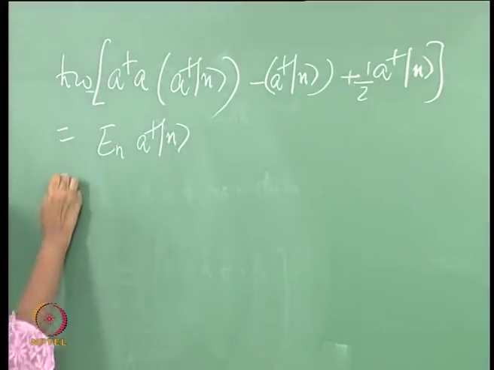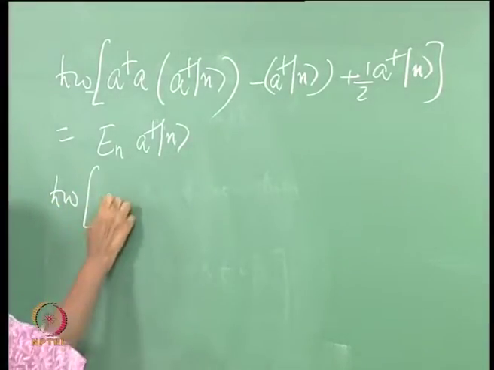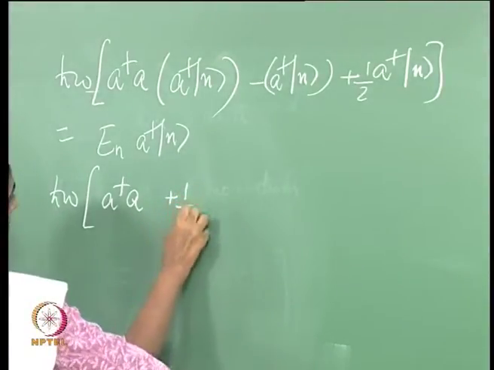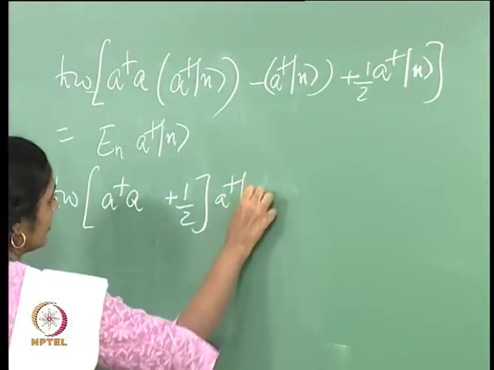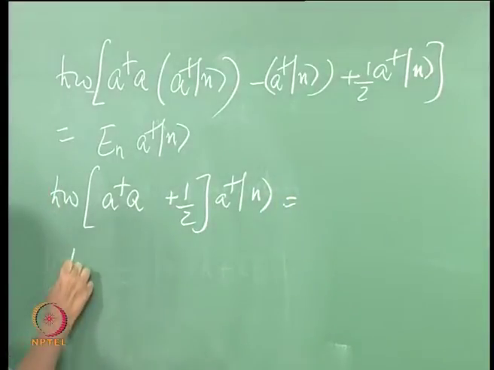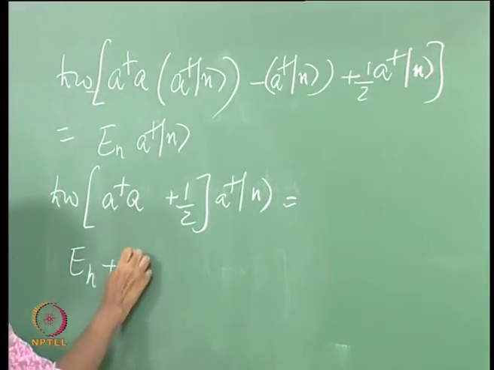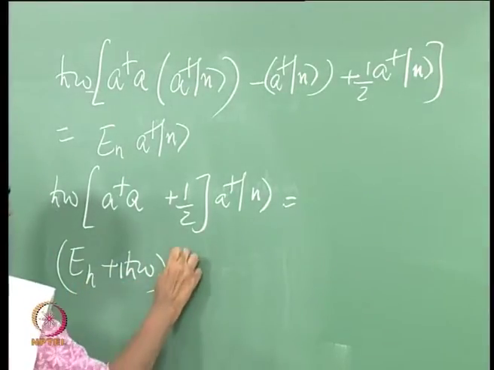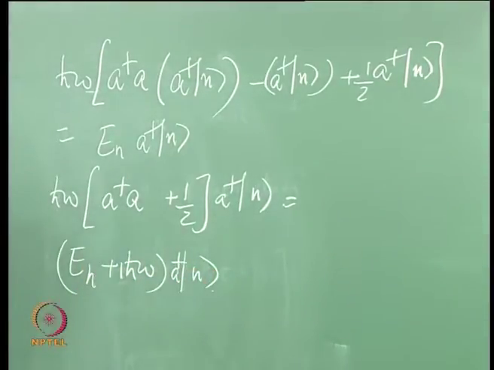In other words, I have shown that that object is E n plus 1 h cross omega A dagger acting on ket n.